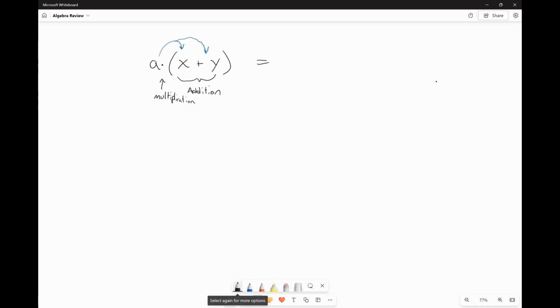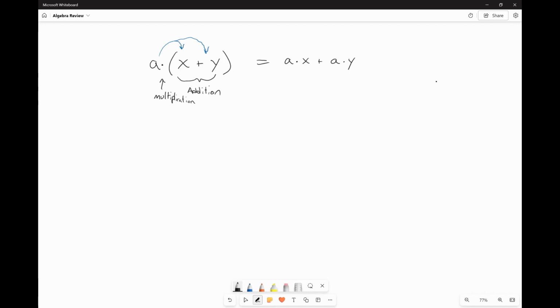And so what that means is that I can rewrite this as a times x plus a times y. I can take that multiplication and distribute it across the addition. So a times (x plus y) is equal to a times x plus a times y.